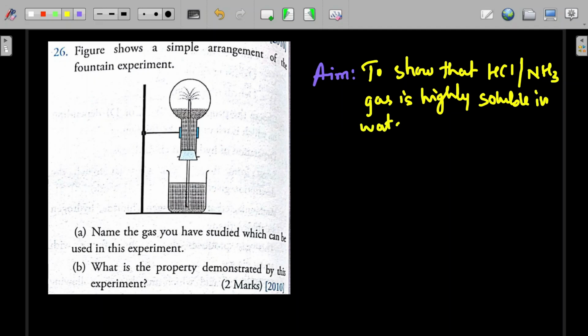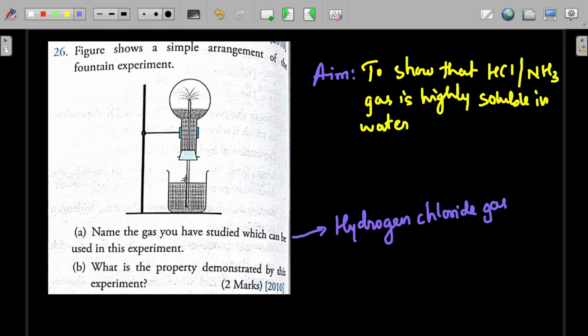Okay, we are not doing it to show whether HCl is acidic, ammonia is basic. For that we don't need to put up this big apparatus. Okay, so here name the gas you have studied. So you can name hydrogen chloride gas. Do not write hydrochloric acid.